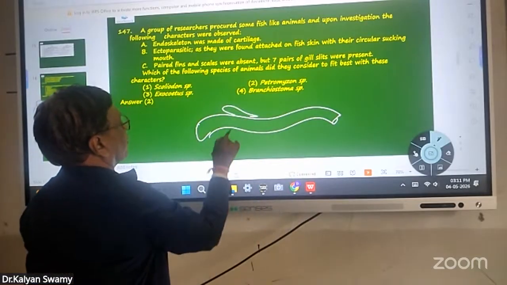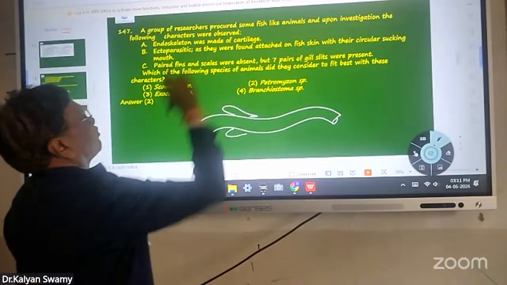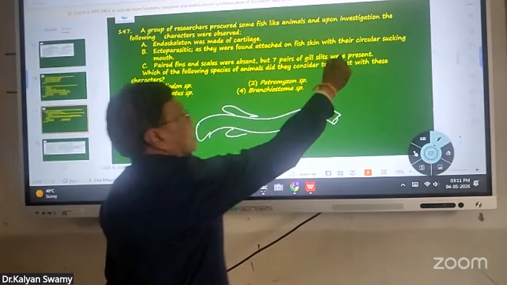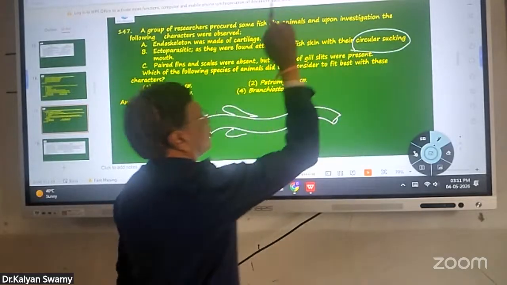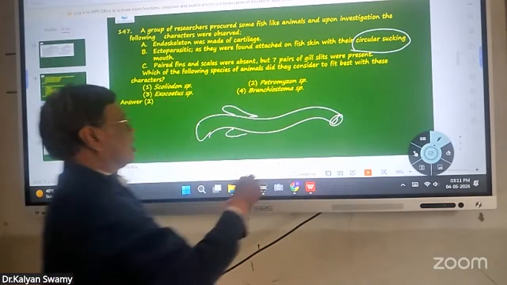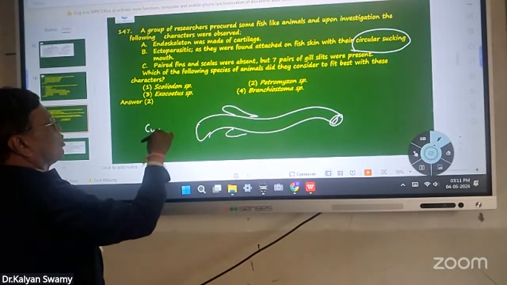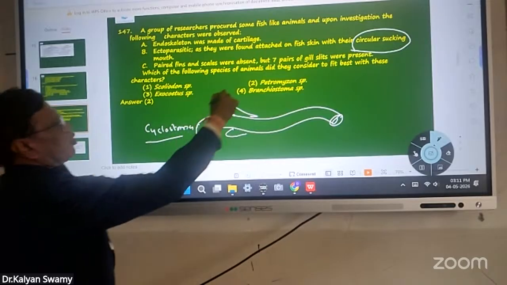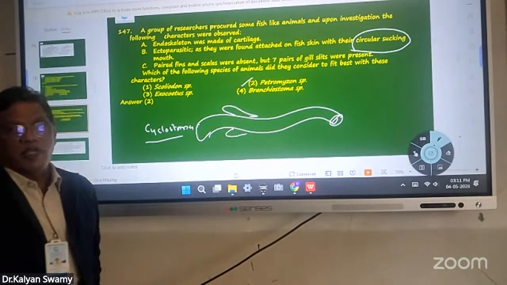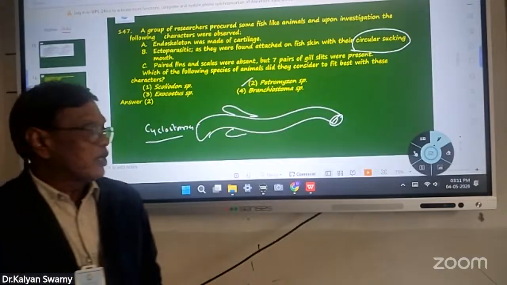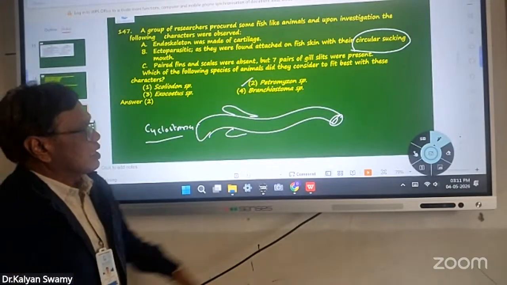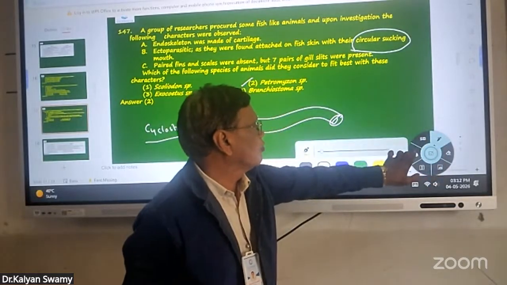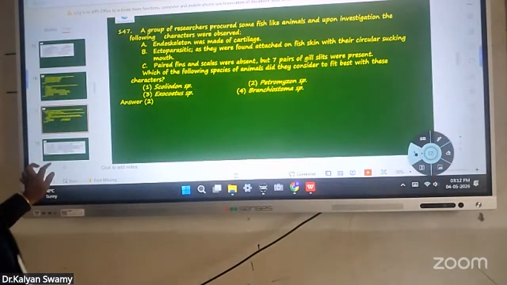An unpaired fin, fish-like animal, with a cartilaginous endoskeleton and a circular sucking mouth. The circular sucking mouth is the characteristic feature of cyclostomes. Petromyzon is the example for cyclostomes. Your answer is 2. You have no need of spending much more time on that.